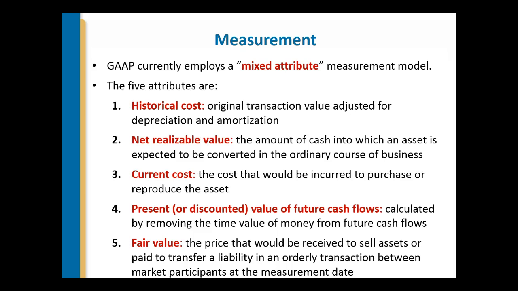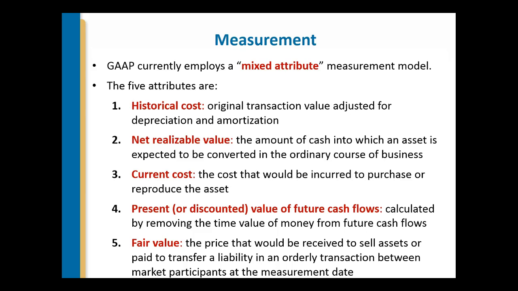Historical cost is the original transaction value that gets adjusted for depreciation or amortization, such as we use in assets. Net realizable value is the amount of cash into which an asset is expected to be converted in the ordinary course of business. Current cost would be the cost that would be incurred to purchase or to reproduce that asset.